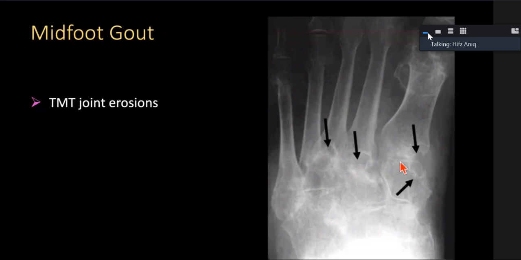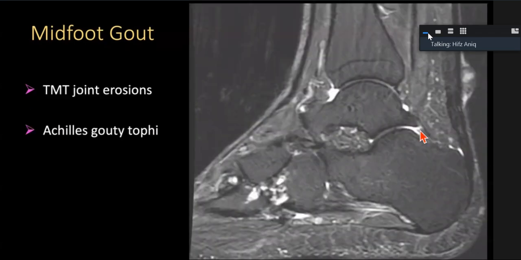Rheumatoid can do that, but TMT joints are not that much involved, especially if you see this type of erosion, which is typical of gout in the midfoot joints. In my conference, your conference over there, we had a gouty soft tissue mass.